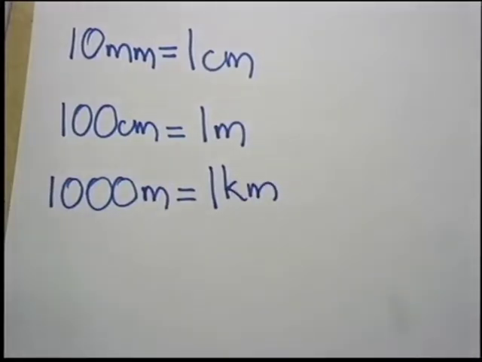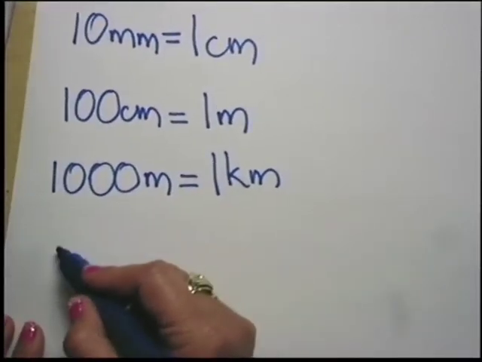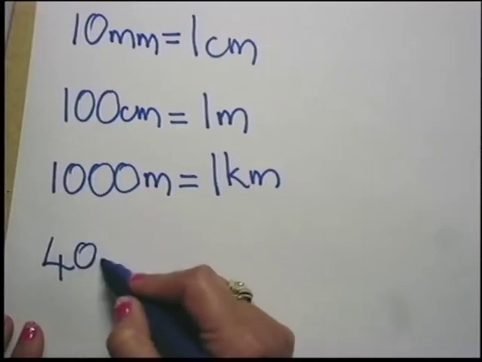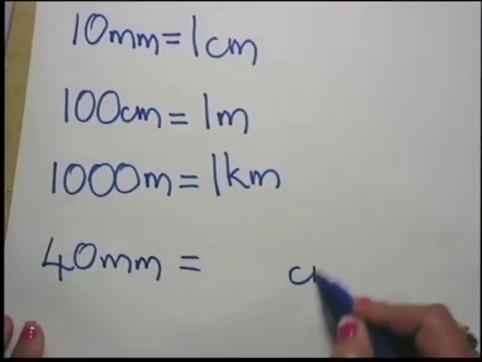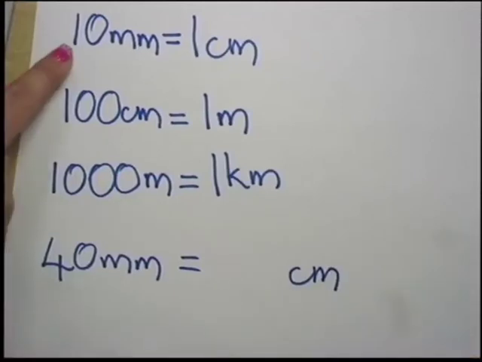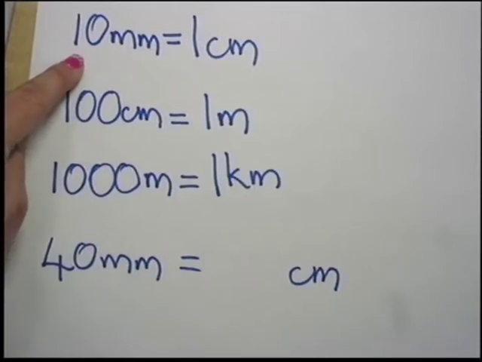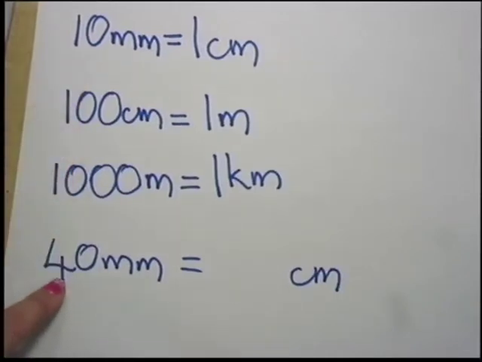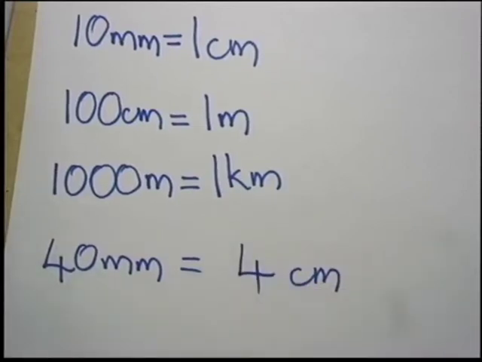So if I'm asked to convert, say for instance, 40 millimeters to centimeters, if I know that 1 centimeter equals 10 millimeters, immediately I will pick up that 40 millimeters will then be 4 centimeters. Or vice versa.